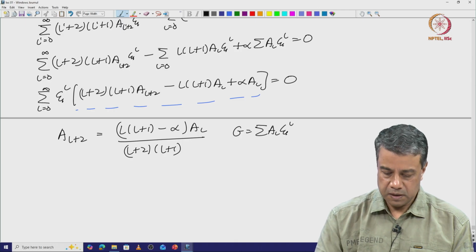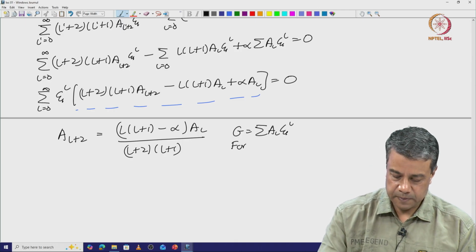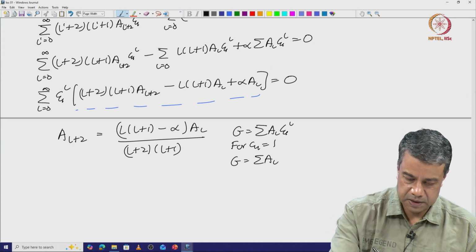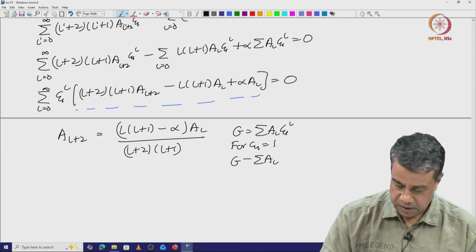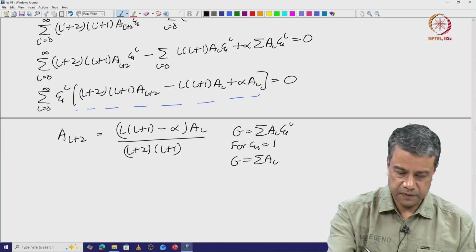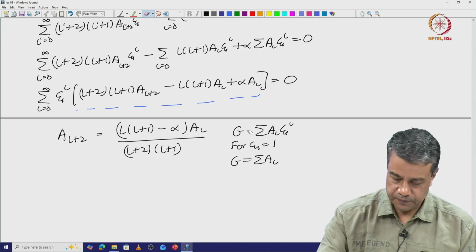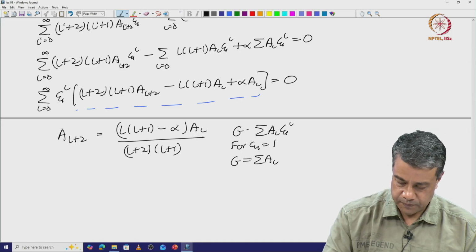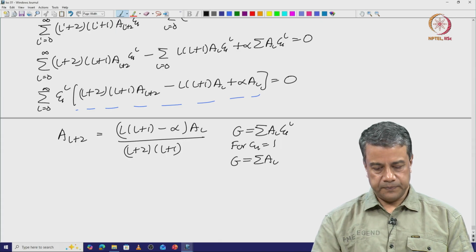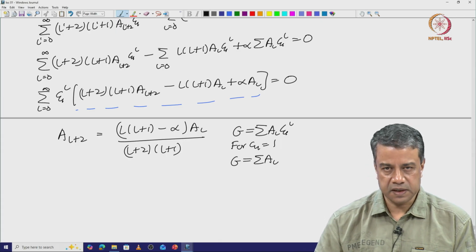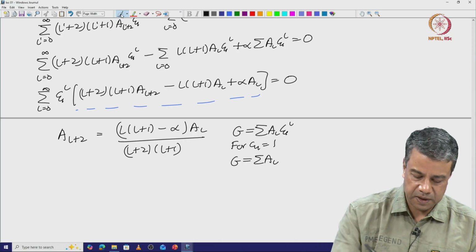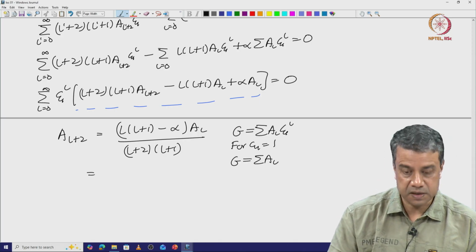For psi is equal to 1, G is equal to summation of just A L. And you can see as L becomes large, I can divide numerator and denominator by L square.